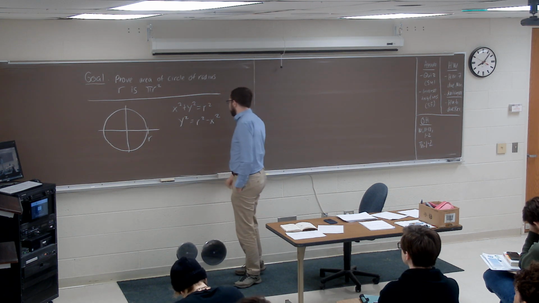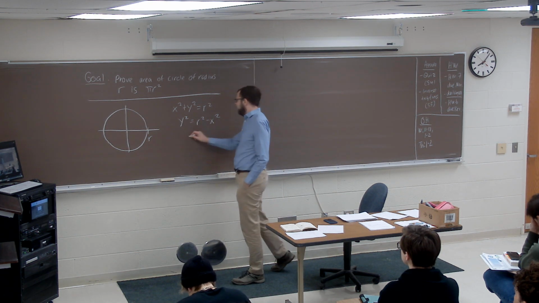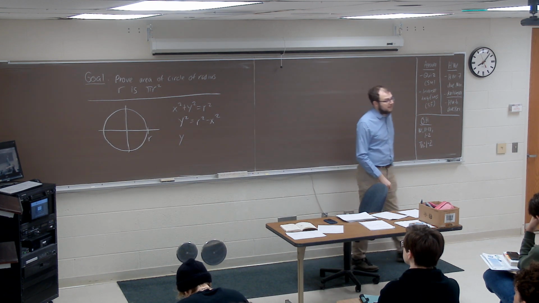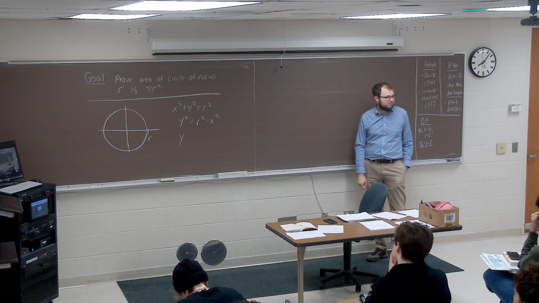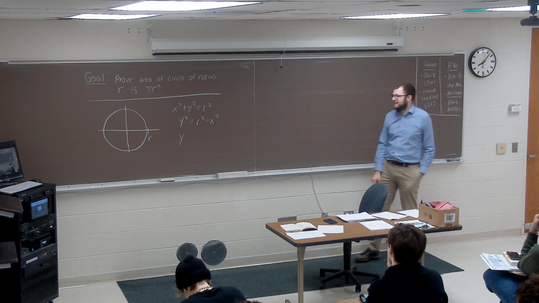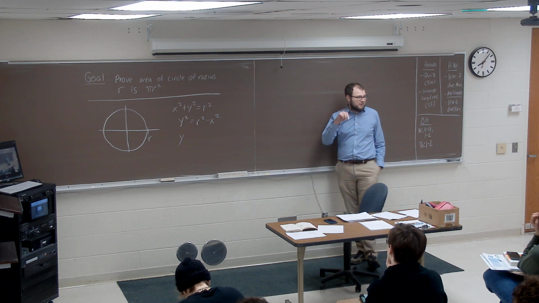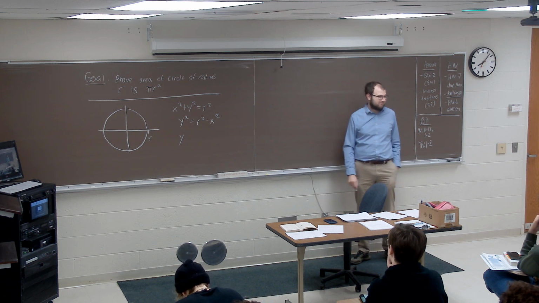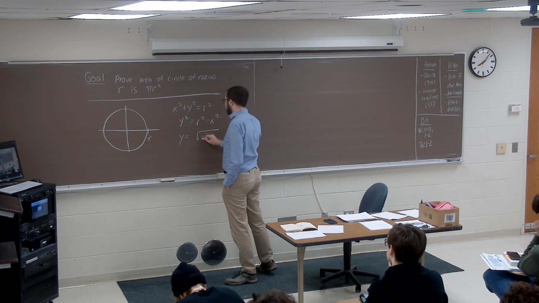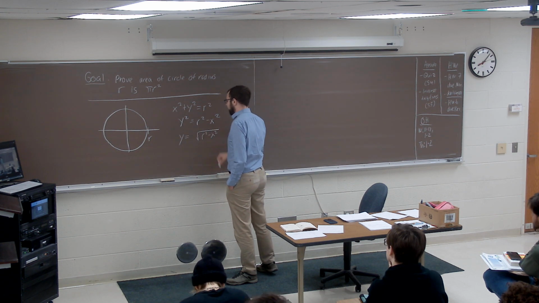And if y squared is equal to r squared minus x squared, Nathan, what would y be equal to? R minus x. Not quite. No. Can't simplify just by taking the square root of each term individually. It's going to give us the square root of r squared minus x squared.